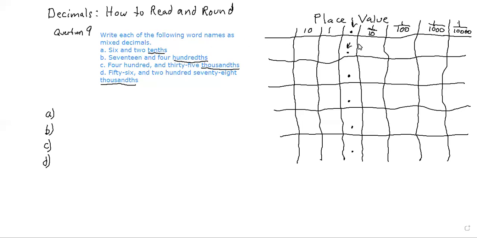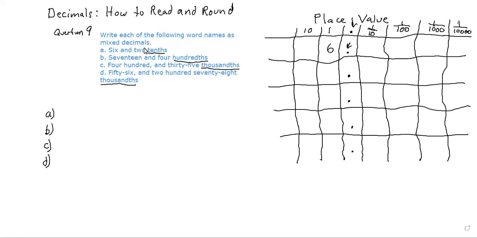So let's do one and see how it works out, put it all together. Here we have 6 and 2 tenths. So the 6 part is the whole number. That's going to go to the left of the decimal point. Now the 2 tenths is going to go to the right of the decimal point.